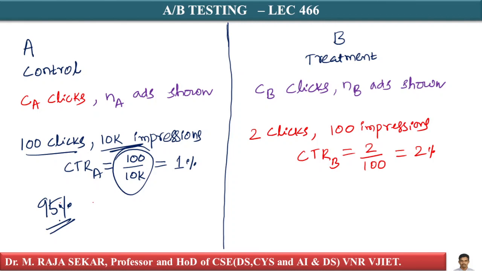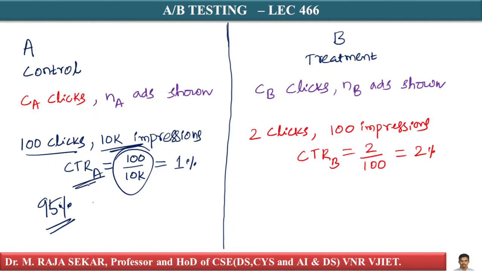If you've forgotten what a confidence interval is, I request you to go through it. If you have any difficulty, I will record a lecture on confidence interval. Please go back to the probability and statistics chapter and revisit the whole section on confidence interval computation.